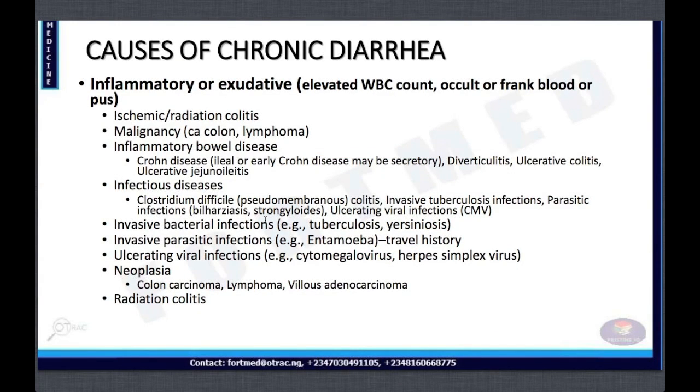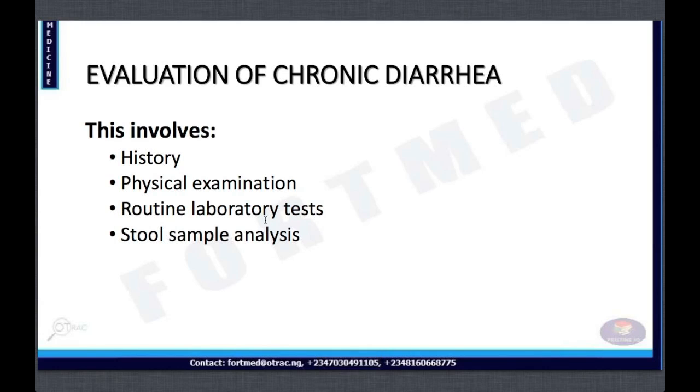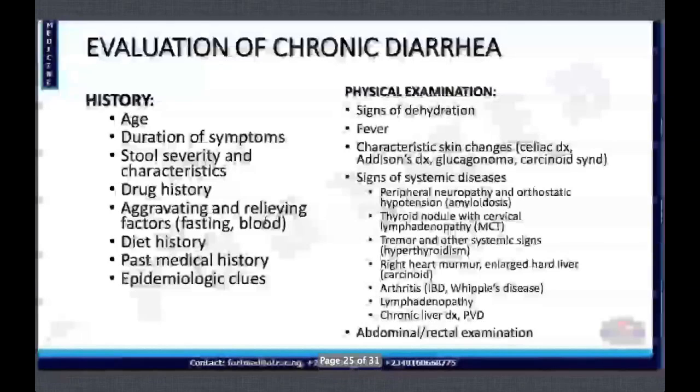Inflammatory diarrhea is mainly caused by conditions such as ischemic or radiation colitis or malignancy, and it is characterized by elevated white blood cell count, occult or frank blood, or pus. Other causes are as listed. In evaluating chronic diarrhea, history must be taken, along with a thorough physical examination, routine laboratory tests, and stool sample analysis.